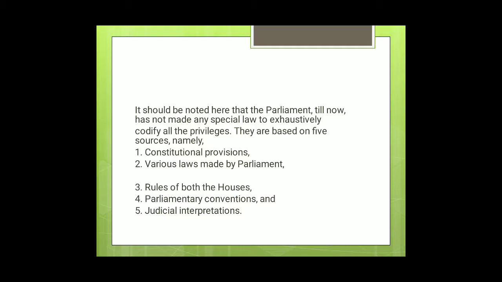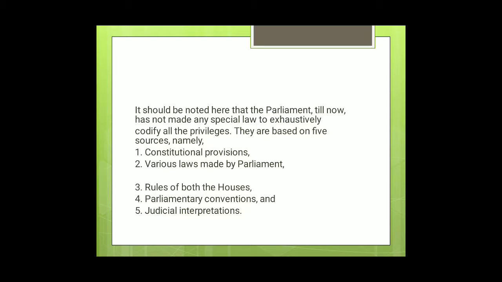If there is an act or omission which obstructs the House of Parliament or its members from performing their function, right? That is treated as contempt of house, which is any act against the dignity, authority and honor of the house. And a breach of privilege may amount to contempt of house, but contempt of house may include a breach of privilege too.